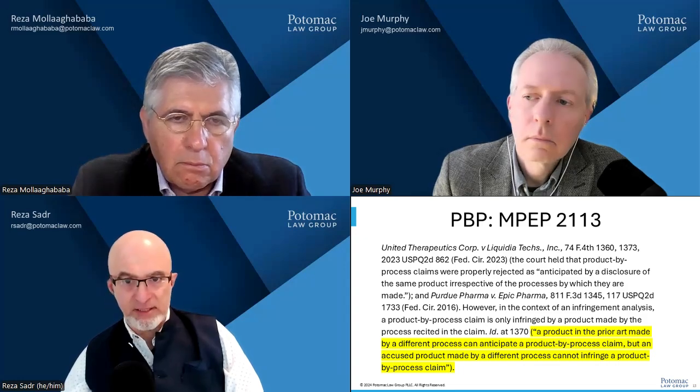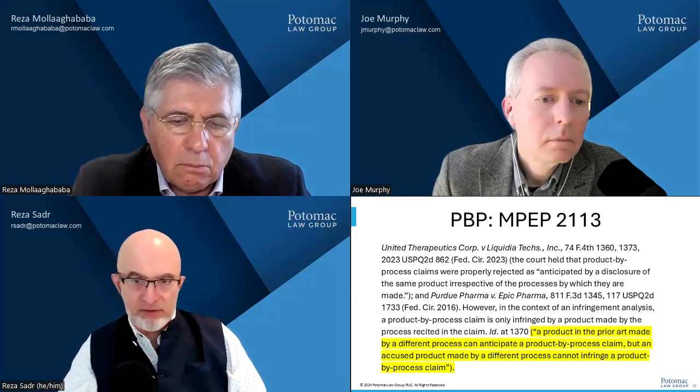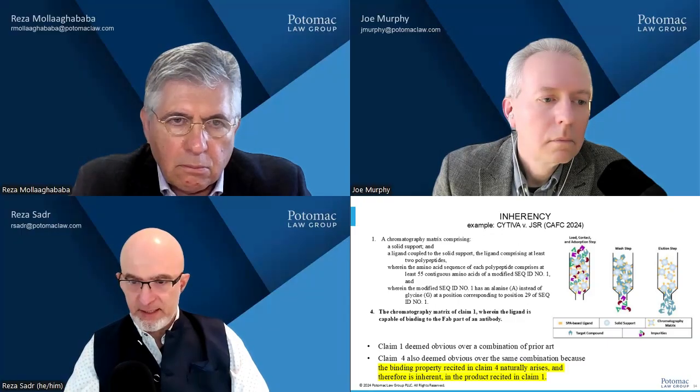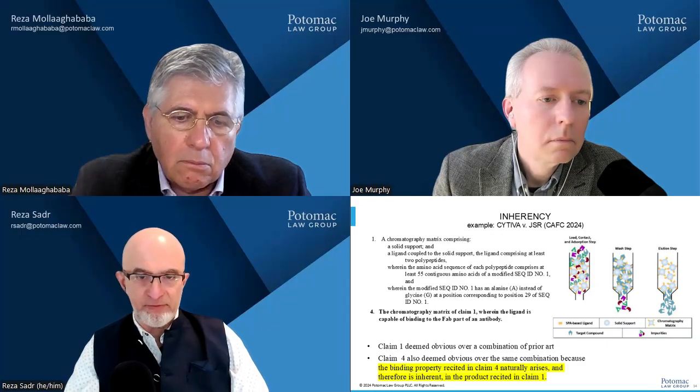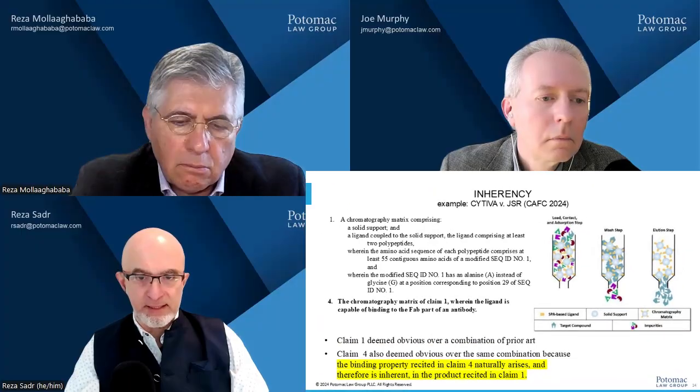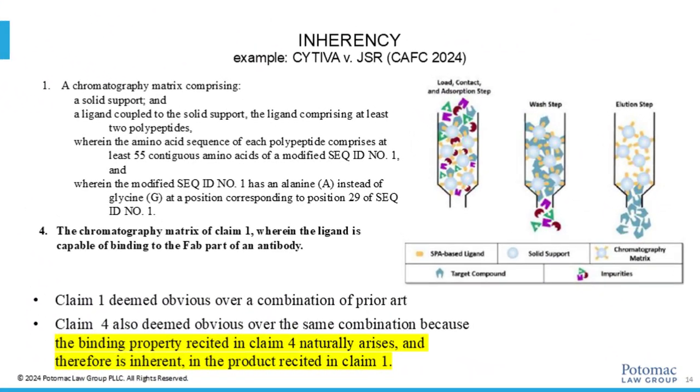And that brings us to the doctrine of inherency, which I'm going to present by an example, again from the case law. There's a case of Cytiva of 2024. As you can see, claim 1 is a chromatography matrix. So it's a product with those features, a solid support, a ligand, and the wherein clauses.